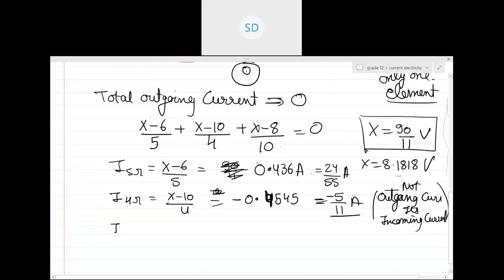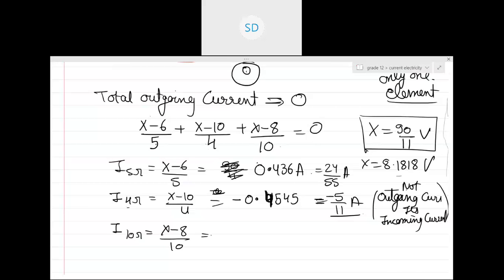And what is the current through the last one, the 10 ohm? So this will be x minus 8 upon 10, which is basically 8.181818 minus 10. That is 1.181818. How is this 2 coming at the end? I don't know.